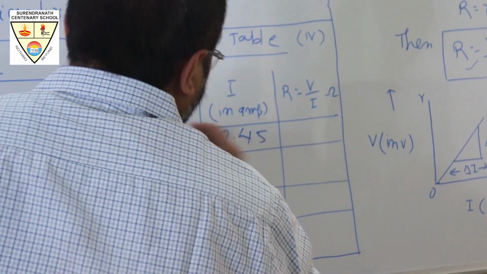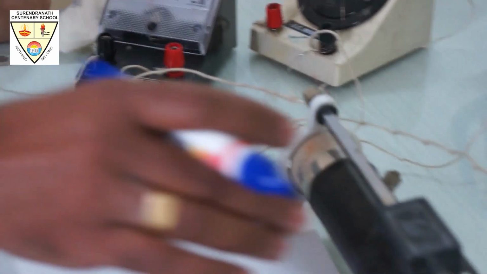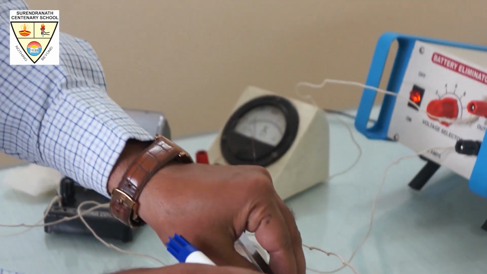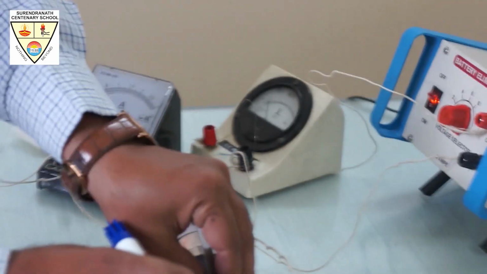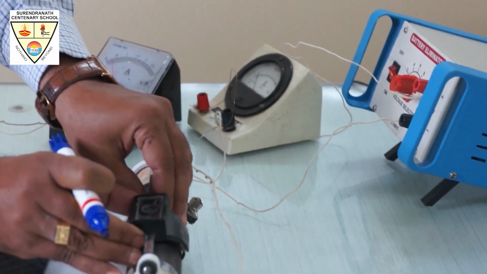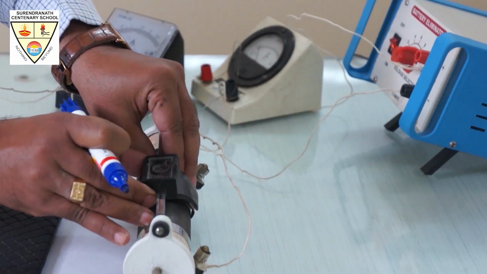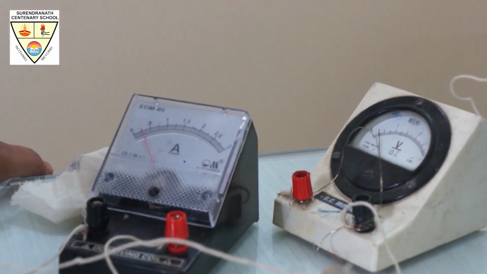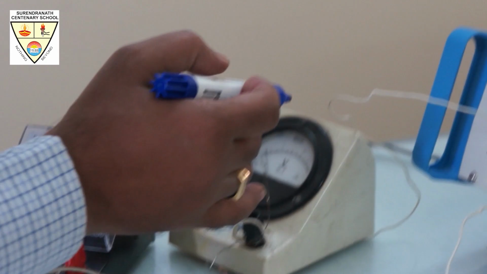Now change the value of the rheostat a little bit, and again take the value of corresponding voltage and current.